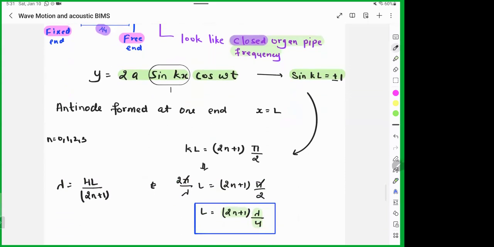So in this case, the kL value should be equal to 1 plus or minus 2 and so on. Because if you keep n value 0, then the first value will be pi by 2. Pi by 2 means 90, and sin 90 is equal to 1. So this whole value should be 90. Next will be 270, next will be like 450, something like that. Difference of 180 every time.